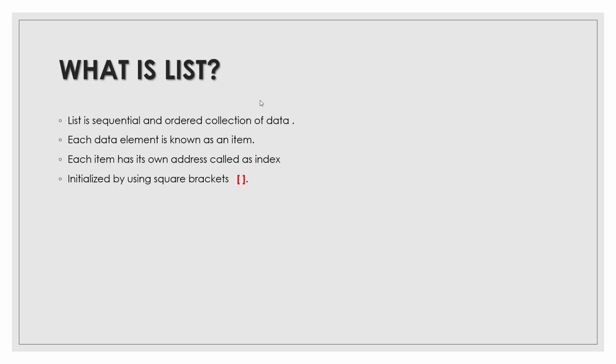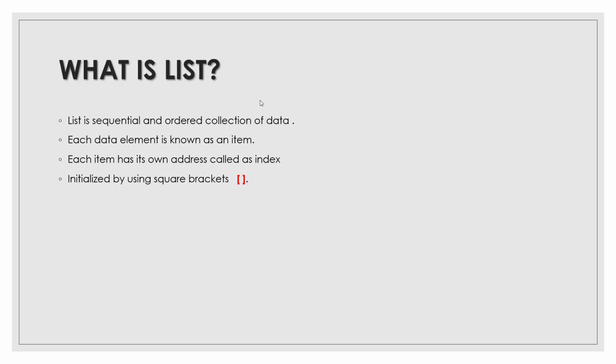So guys, a list is used to store a sequential and ordered collection of data. For example, if you have to store the names of 5 cars, for example, Amaze, Swift, i20 or many more, you can store that in a list.